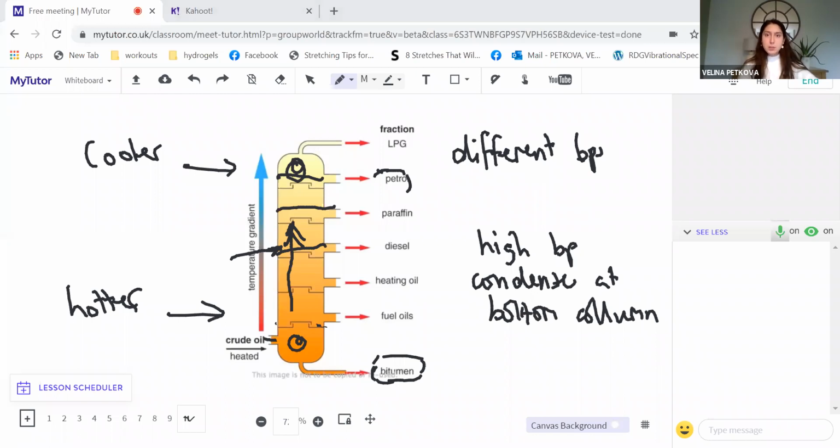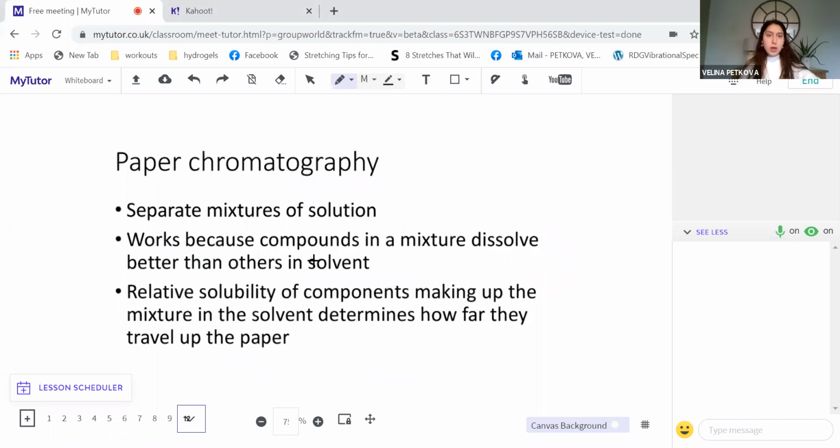Okay, so now let's move on to paper chromatography. Hopefully some of you guys have done the paper chromatography practical. It's quite cool to see. So what is paper chromatography? With paper chromatography, we can separate mixtures of solutions. Say ink. Ink is a great example of a solution.